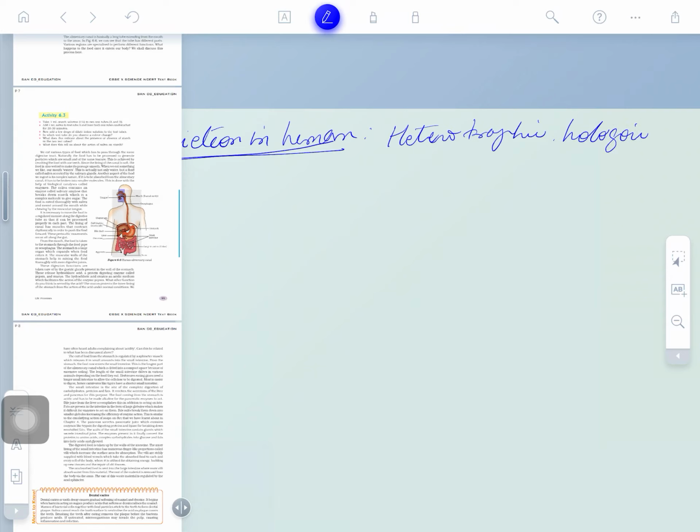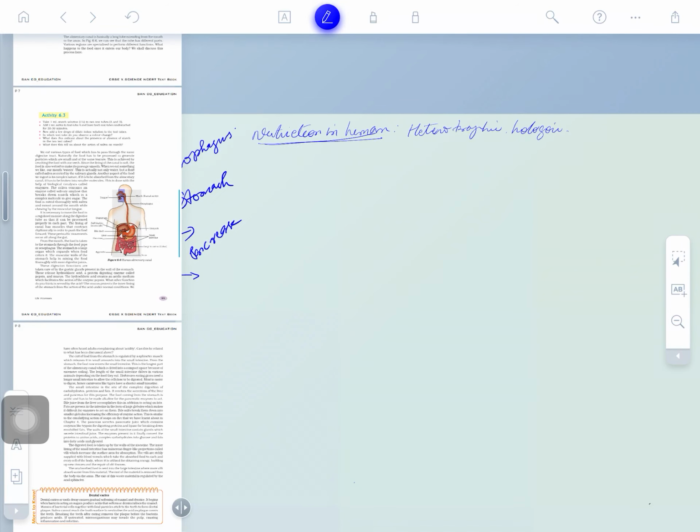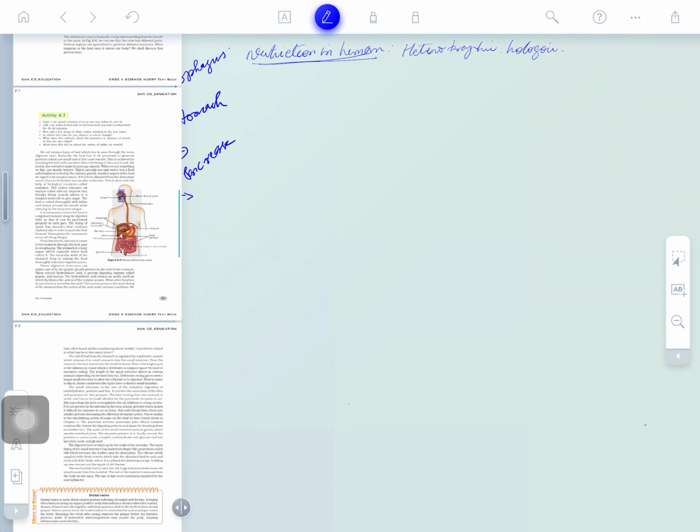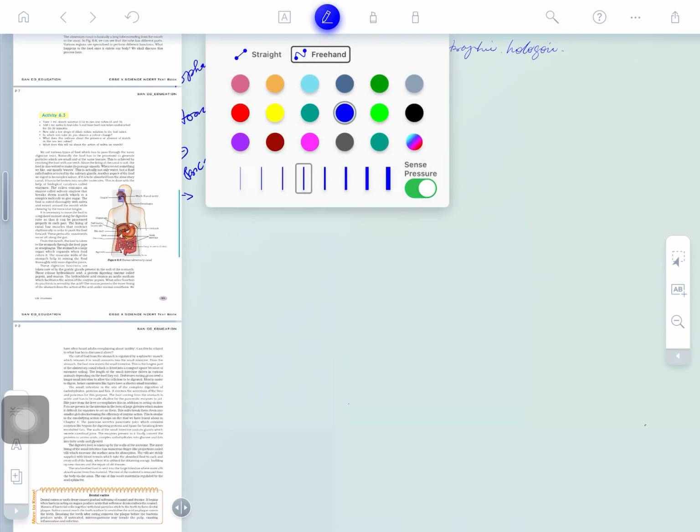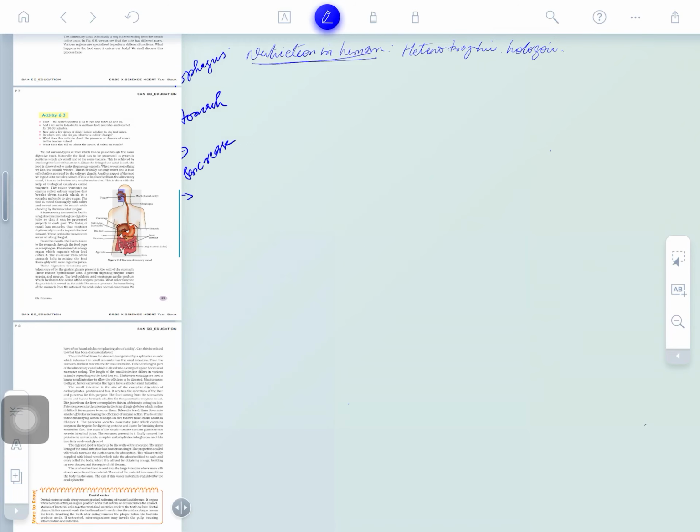Okay, so you will start writing here. Since human is a multicellular organism, it requires much energy to perform its life processes. So how does a human have a well organized digestive system?